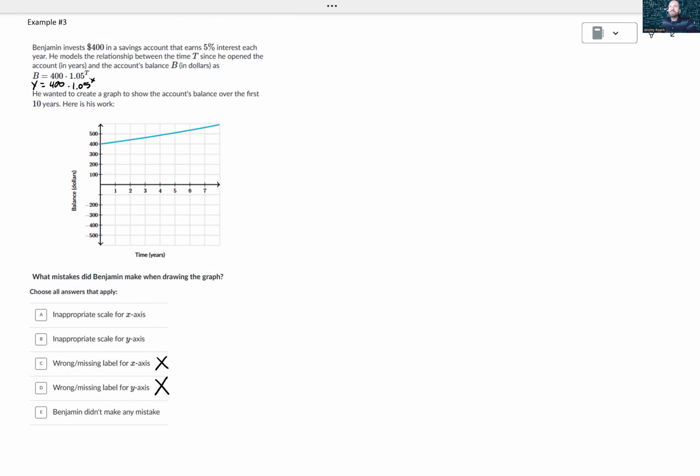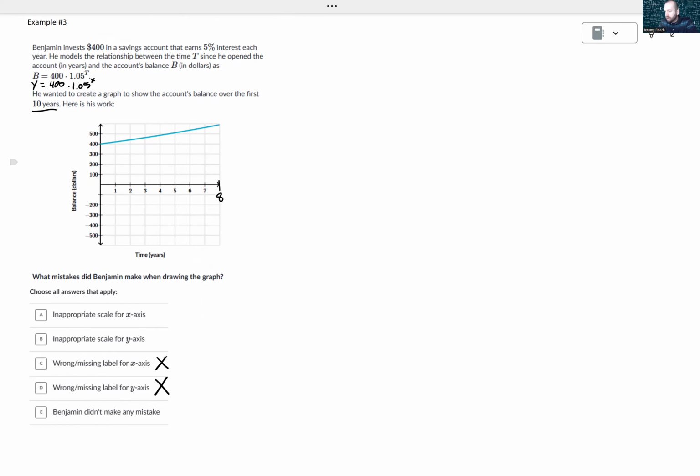Okay, so now let's take a look at how far we want to go and check our scale for these. It says they wanted to create a graph to show the balance over the first 10 years. This goes to year 8. And if we stopped at year 8, this might be acceptable because we can see what the value is at year 8.